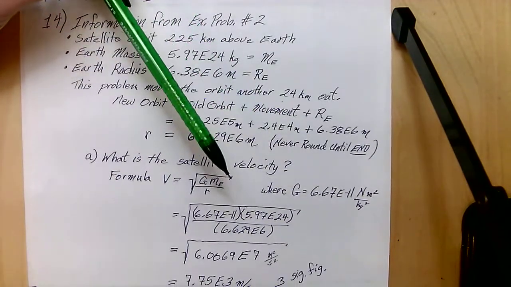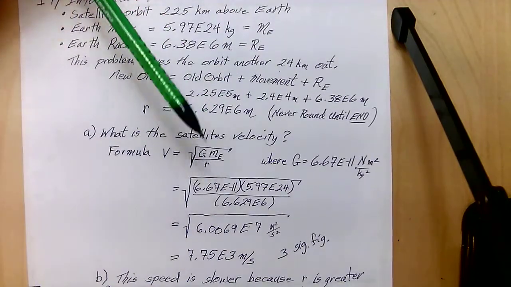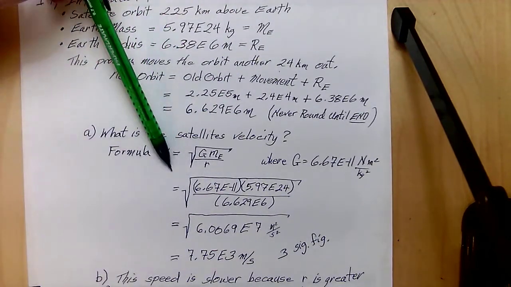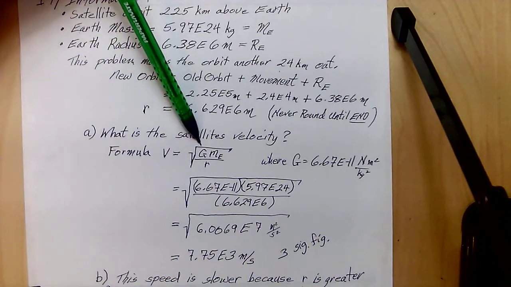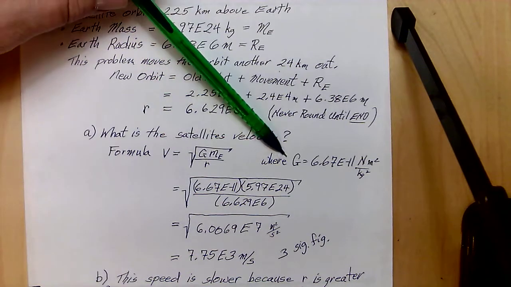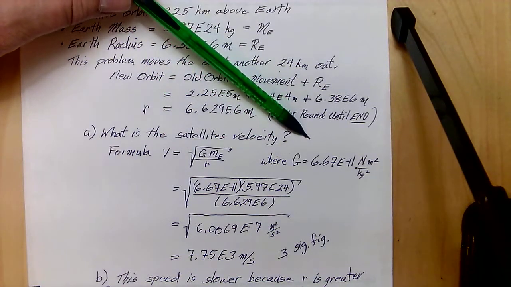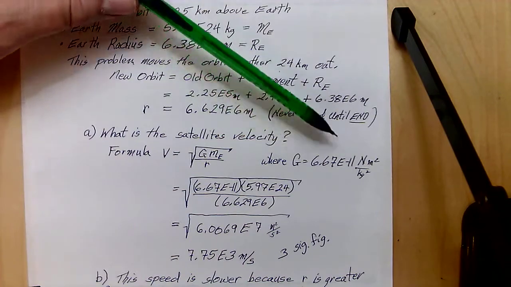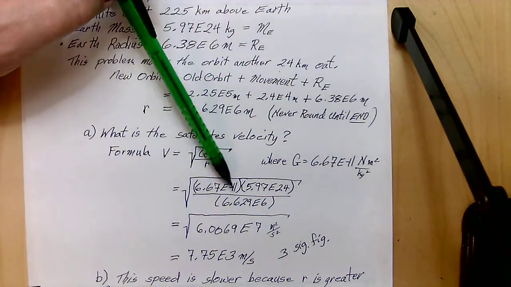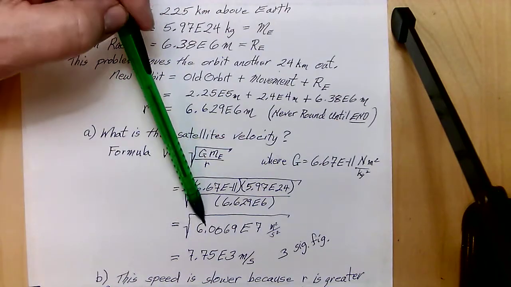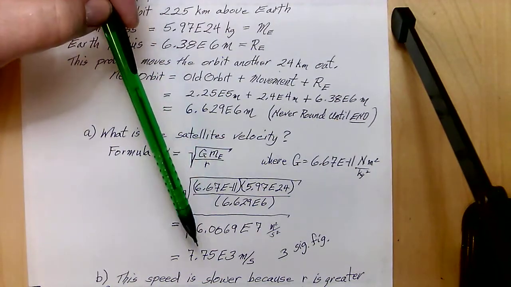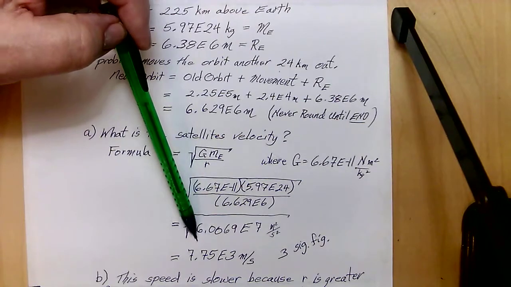Part A is, what is the velocity of the satellite? Here's your formula. V is equal to the square root of the quantity G M sub E over r, where G is given as 6.67 E negative 11 Newton meter squared over kilogram squared. So you do your substitutions, take the square root, and use 3 significant digits for this answer.